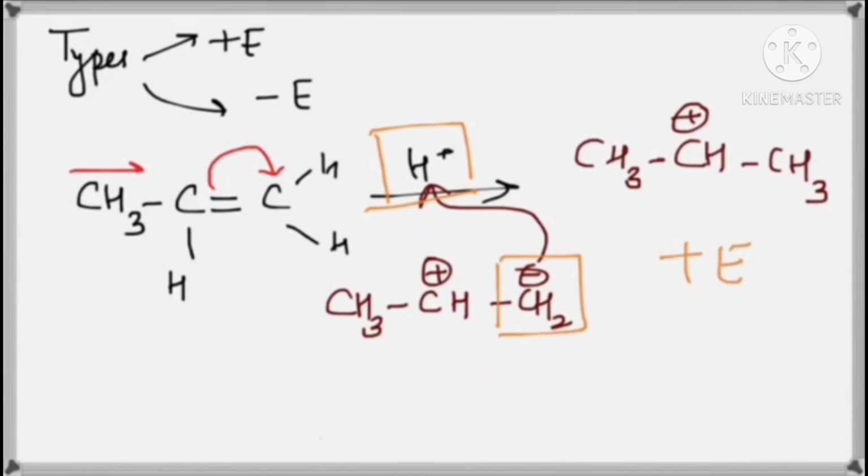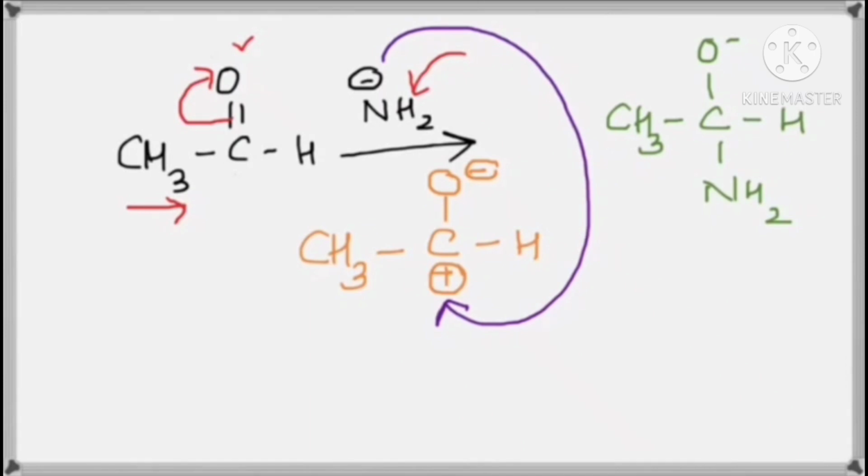When the atom gets attached to the carbon where the negative charge shifted, it is called the plus E effect. And if you look at the previous example, NH2 minus went to that carbon from where the negative charge shifted. When that happens, we call it the minus E effect. So that is the difference between plus E and minus E.